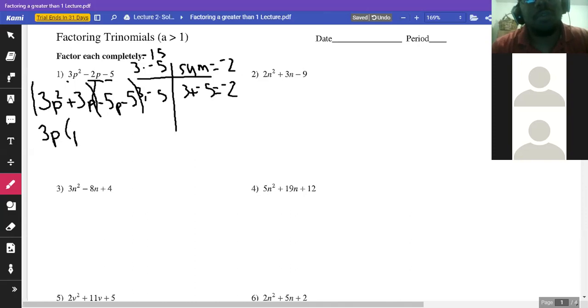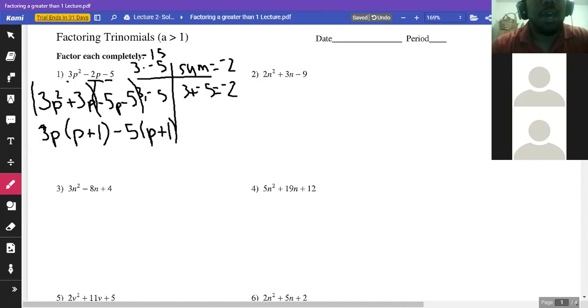And I'm going to be left with P plus 1 on the inside. All right, and then out of -5P and -5, I can pull out a -5, which would again leave me with a P plus 1 on the inside.